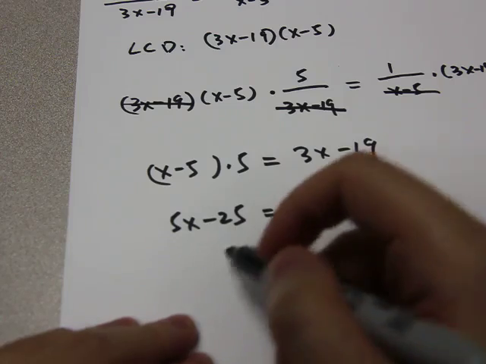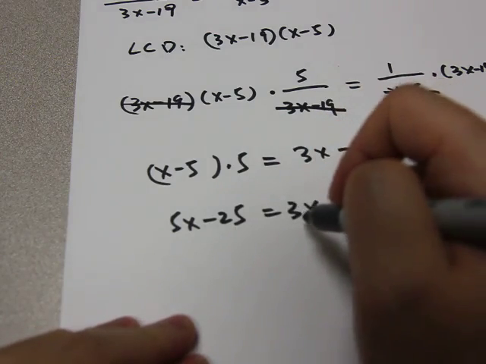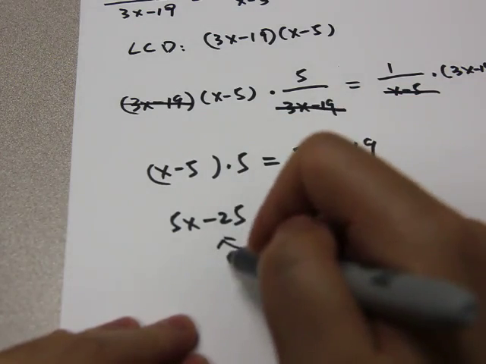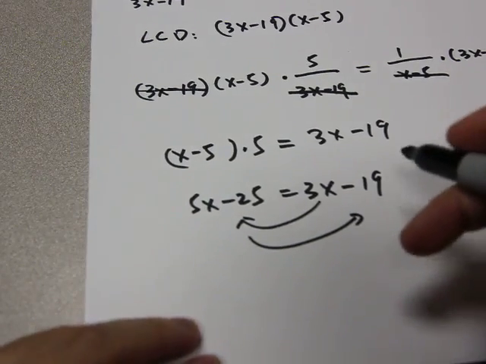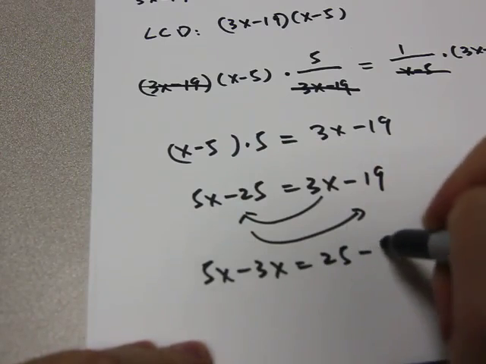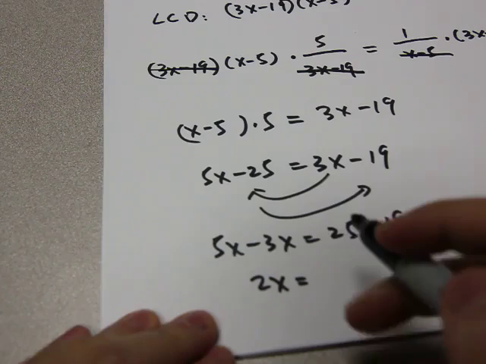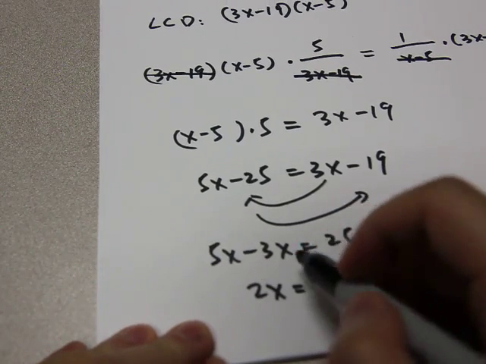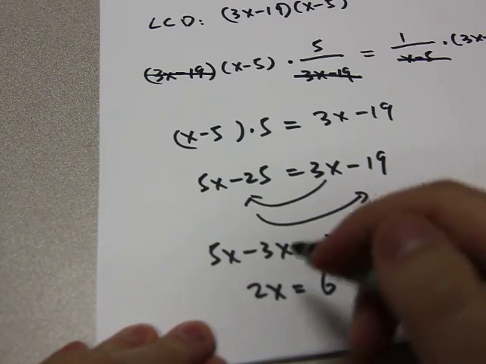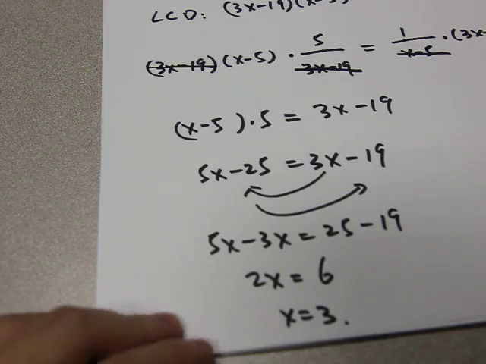And we move all the x to one side and all the numbers to the other side. So here I move 3x to the left and I move the -25 to the right. So I have 5x minus 3x equals 25 minus 19. So I have 2x equals 6, right? So x equals 3.